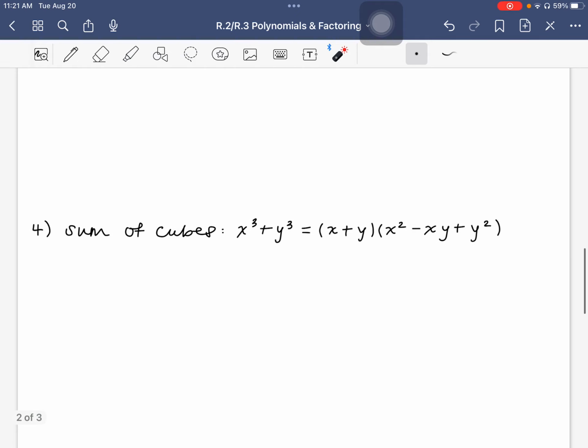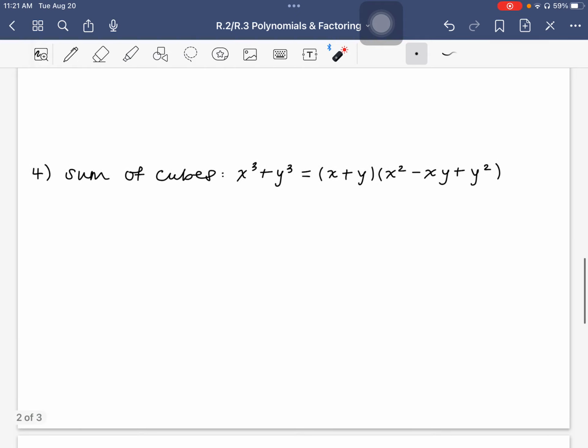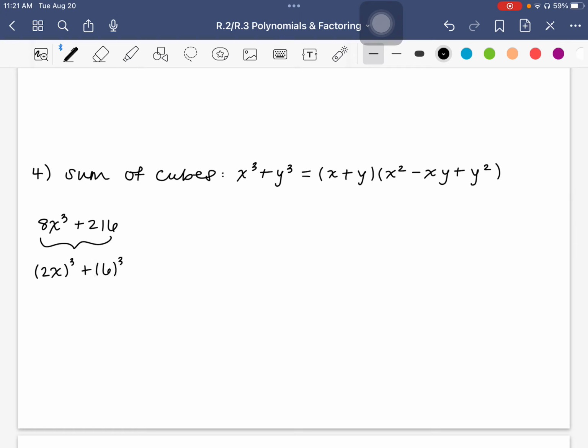Next, we want to look at the sum of cubes. So when we have this case, it's usually of this form here. So we just have a sum of two cubes here, and this can be factored to this form here. So we'll look at an example. Say we have 8x cubed plus 216. All right, so this can be rewritten as 2x cubed plus 6 cubed.